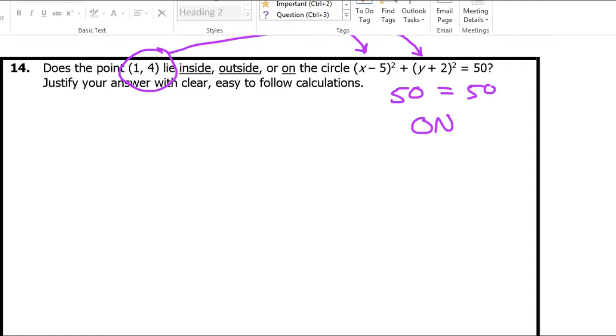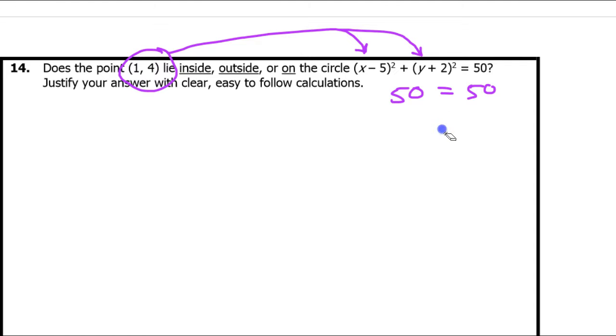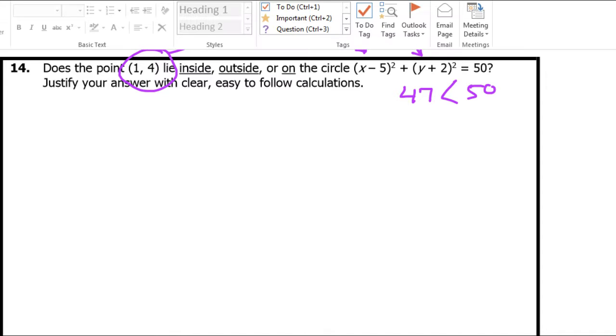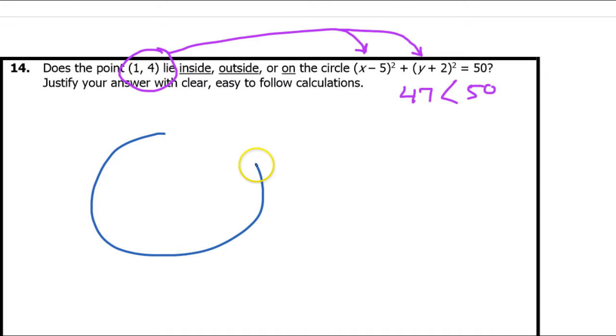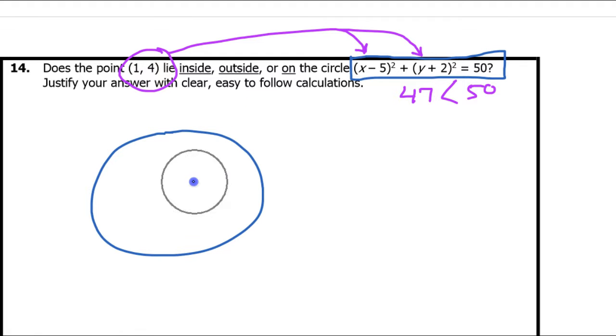On the other hand, if I substitute this in and I get something that is smaller than 50, say I substitute and I wind up with 47, well, 47 is less than 50. Imagine that this circle represents the circle whose equation is given. Technically, the radius of this circle is the square root of 50.